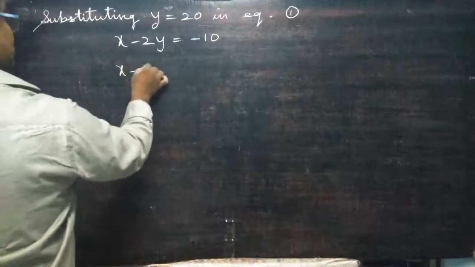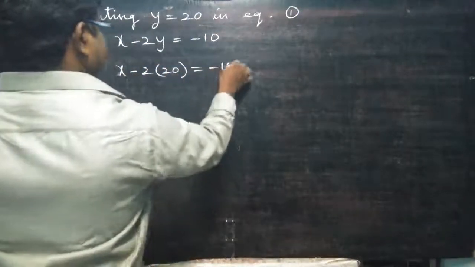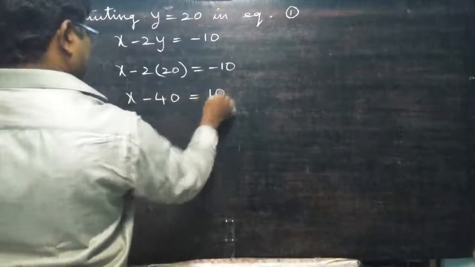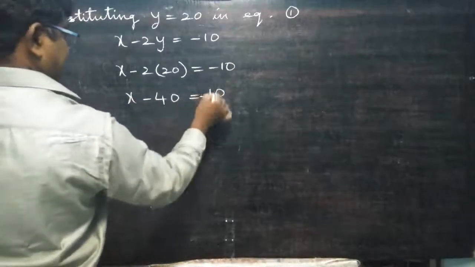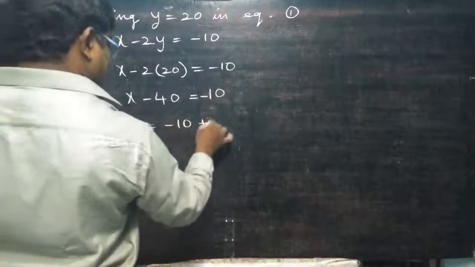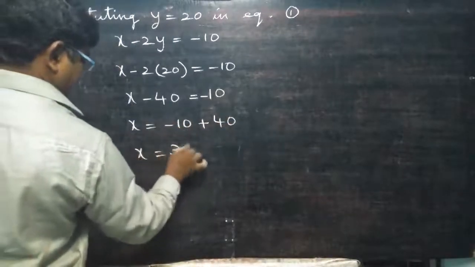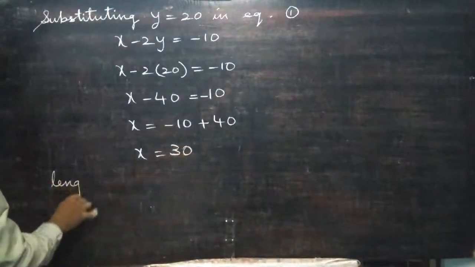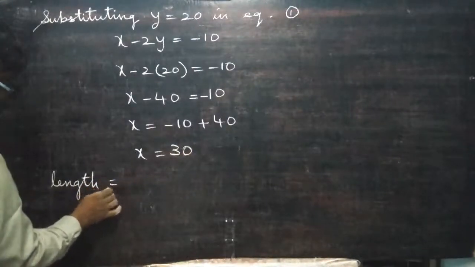X minus 2 into 20 is equal to minus 10. X minus 40 is equal to minus 10. X is equal to minus 10 plus 40. 40 minus 10 is 30. So x is 30. What we thought as x, we thought it is the length of the rectangle.